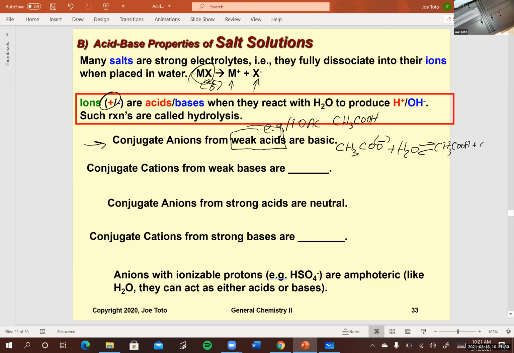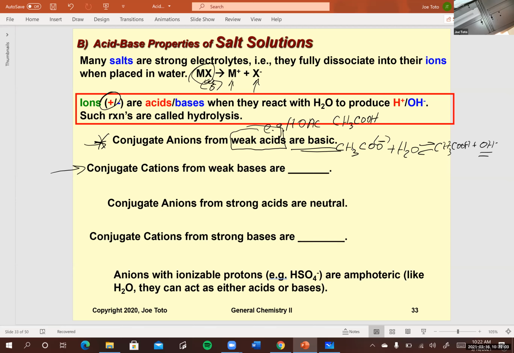And as a result, I get an increased concentration of hydroxide. So I would expect the pH to be what compared to 7? Greater than. Yeah, greater than. It's going to be basic. And that's all this is saying. Does everyone understand that statement? Yes. All righty. Then you tell me what happens in the next one.